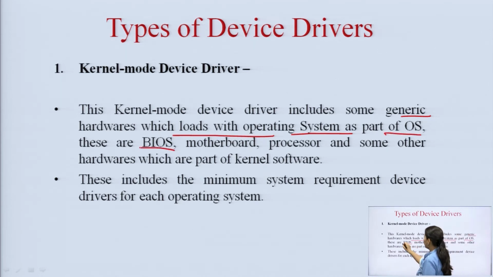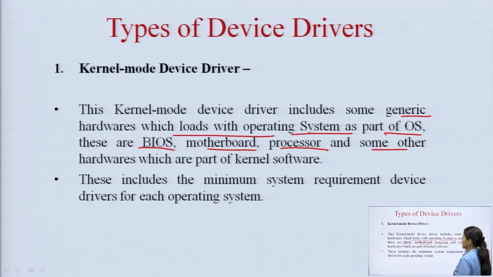So, these are BIOS, basic input output system, motherboards, processor and some other hardware which are part of kernel software. So, basically kernel mode device drivers are those device drivers which help in running those hardware which are part of the kernel, part of our operating system.